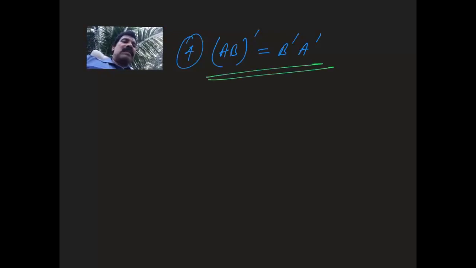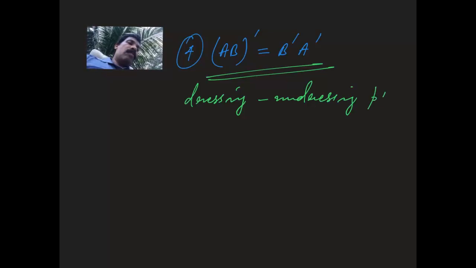Last property of a transpose is like this. AB product, then transpose, that is B transpose A transpose. To recollect this one, foreigners say this is nothing but a dressing-undressing principle. What do you mean by that? Suppose we are wearing socks first of all and then shoes.